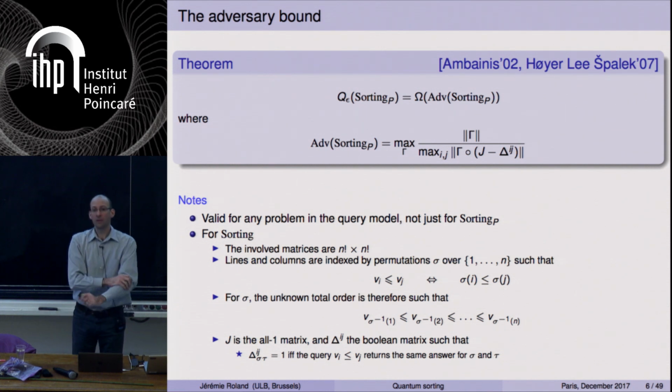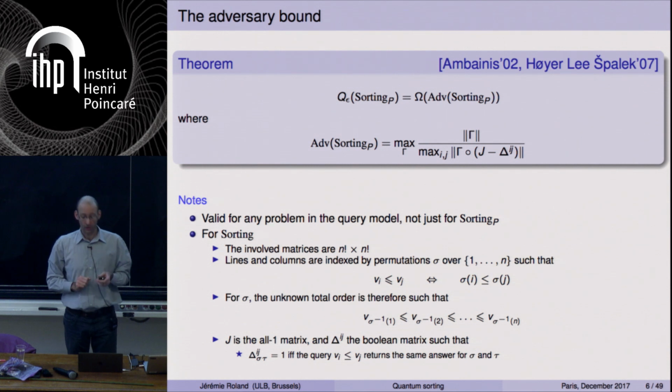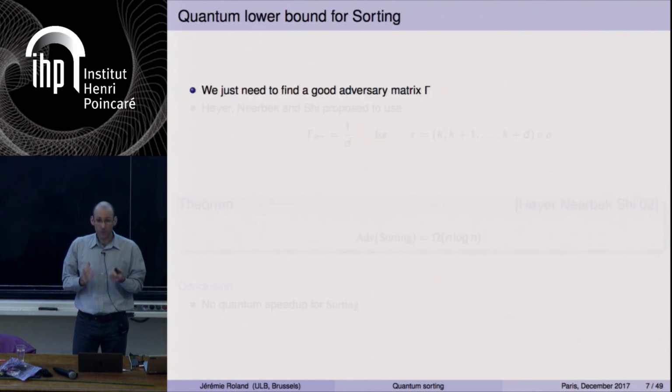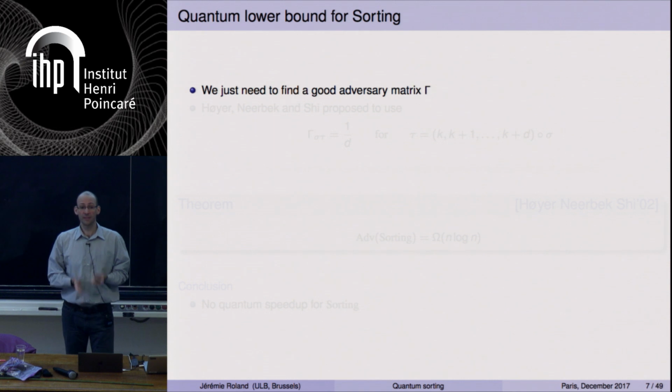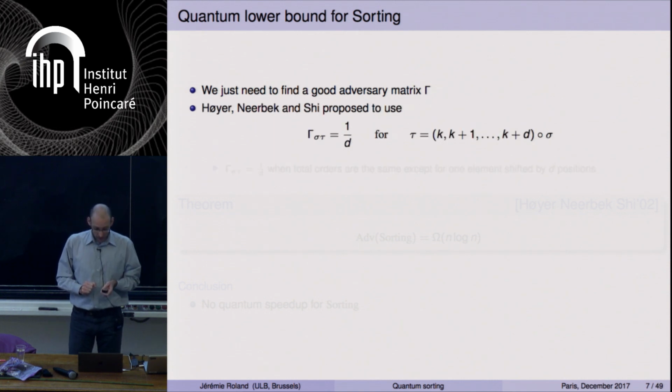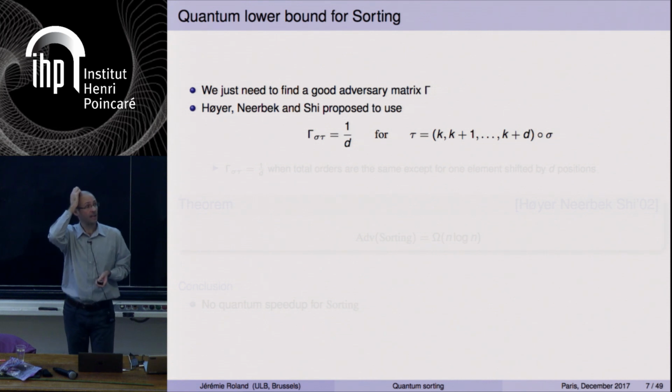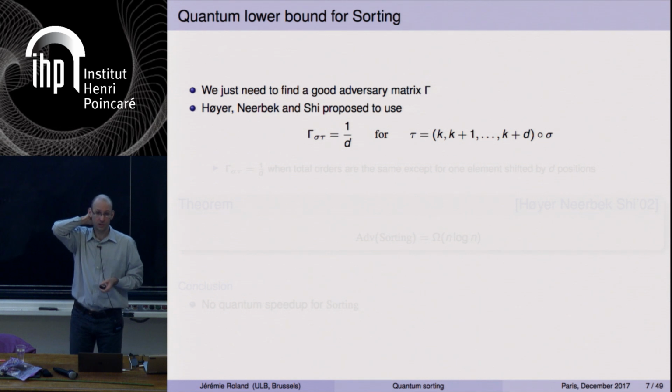So I will not go into the details, just to give you an idea of how this thing works. The problem now, if you want to find a lower bound for sorting, is to find a good adversary matrix gamma. This was done by Hoyer, Neerbek, and Shi. And the adversary matrix they used is quite simple.